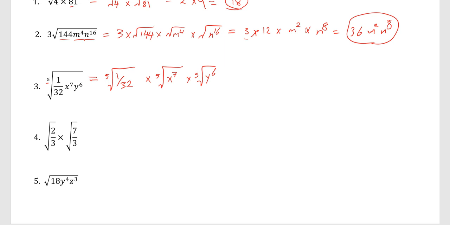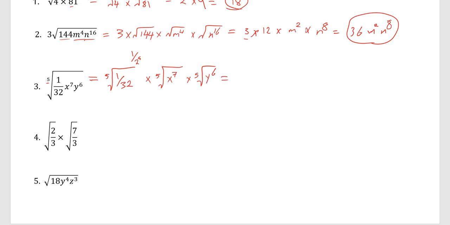So here's the trick. 1 over 32 is the same as 1 over 2 to the 5th power. Right? 2 to the 5th power is equal to 32. So the fifth root of 32 is 2, because 2 to the 5th is 32.